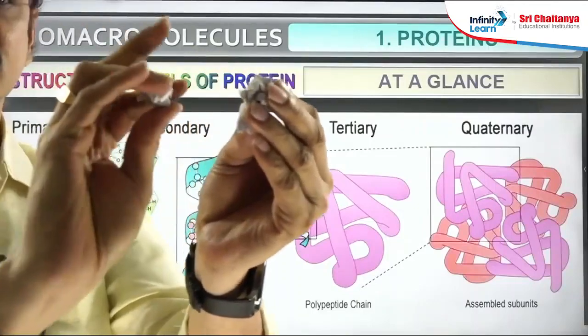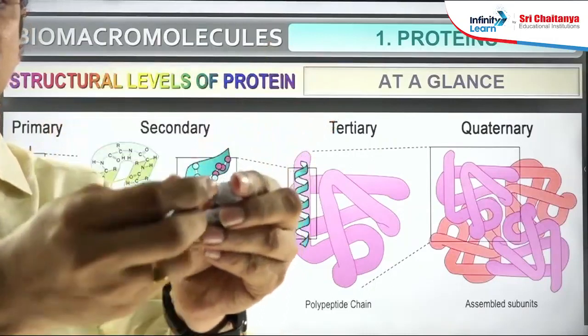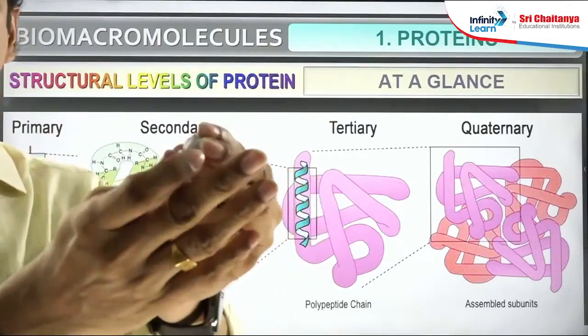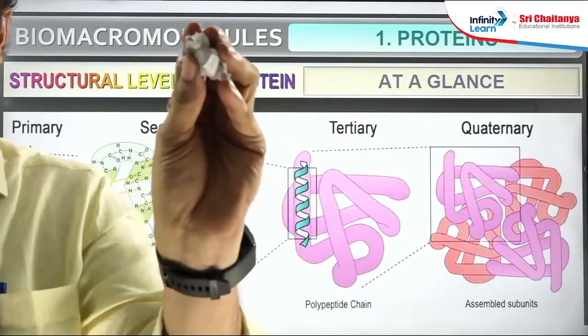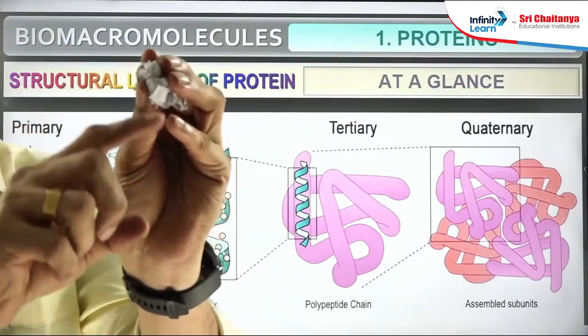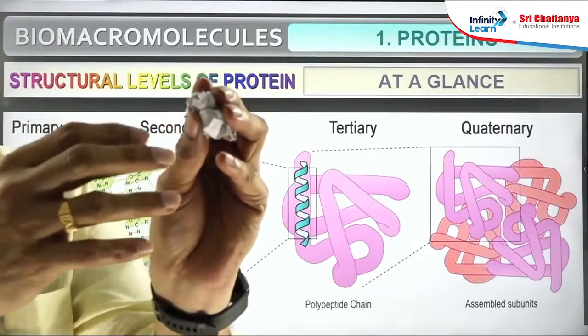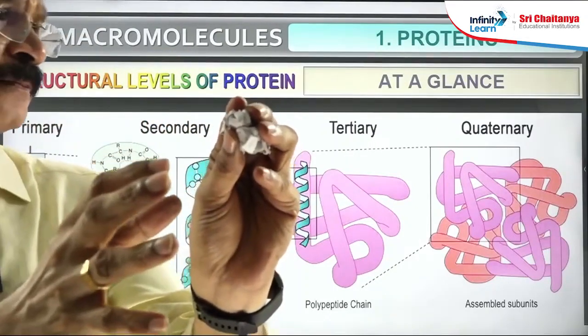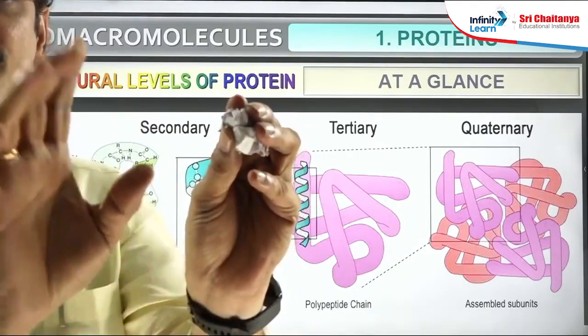One, second, third, and fourth tertiary are bound to form the quaternary hemoglobin structure. In the structure of hemoglobin, 4 tertiary units are joined together to form quaternary. Example for the quaternary form of the protein molecule: hemoglobin.